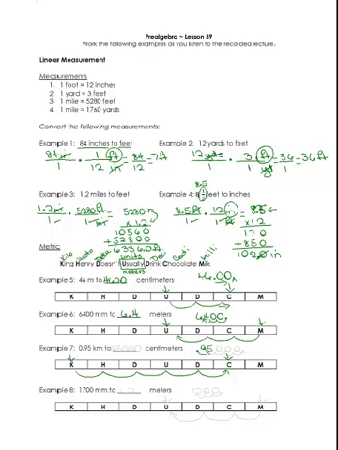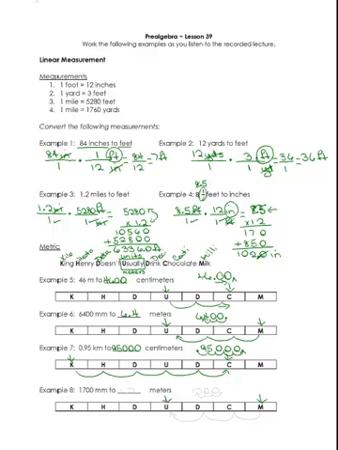I'm going to move it 1, 2, and I better add some zeros. 3, 4, and 5. I'm going to use this arrow to show my new decimal place. So if I have 0.95 kilometers, how many centimeters do I have? It looks like I have 95,000 centimeters.